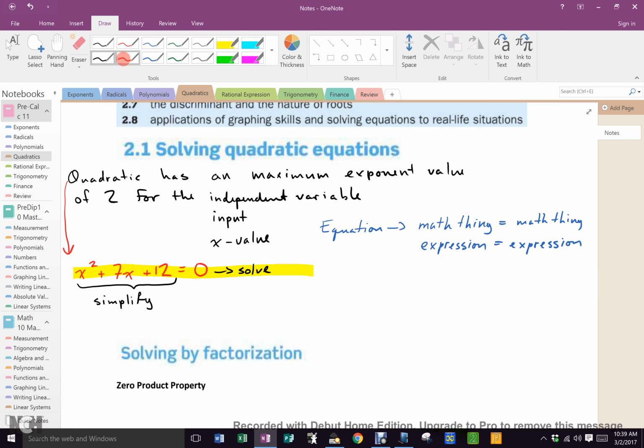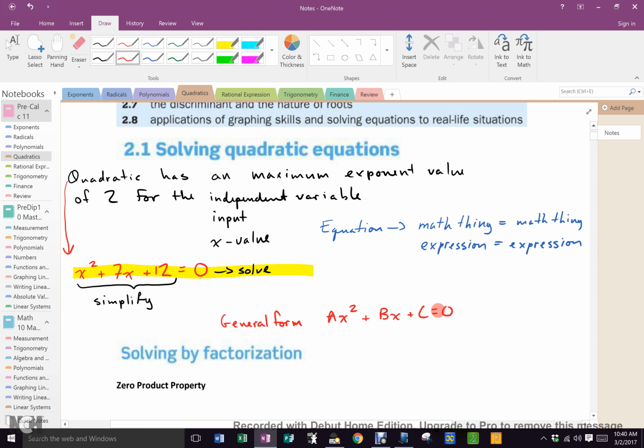Okay. Now, just like in linear functions that you did last year, ax plus by plus c equals 0 is general form. Quadratics have a general form as well. The general form, so this is the form with which we will work, is ax squared, because it's got to be an x squared, plus bx plus c equals 0.